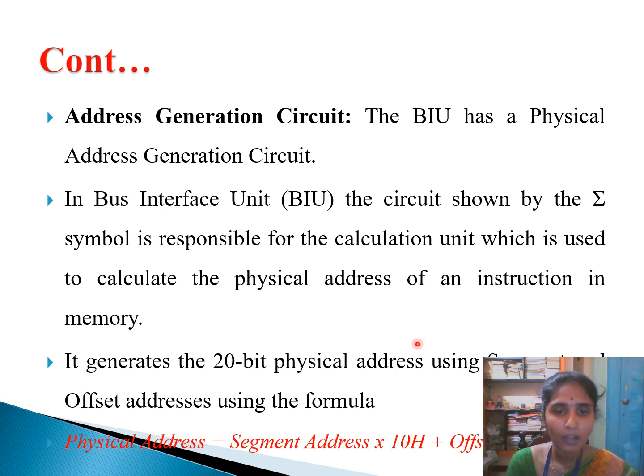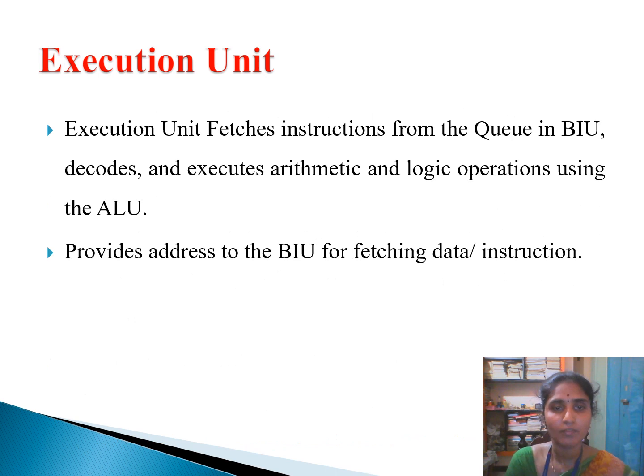This is the formula for calculating the physical address: physical address equals segment address times 10 plus offset address. Next, the execution unit.